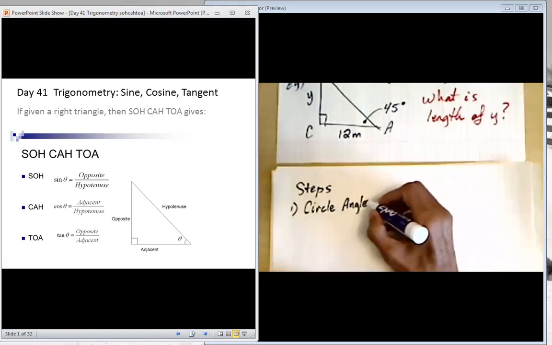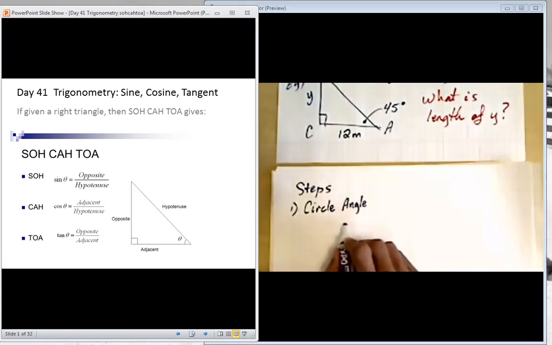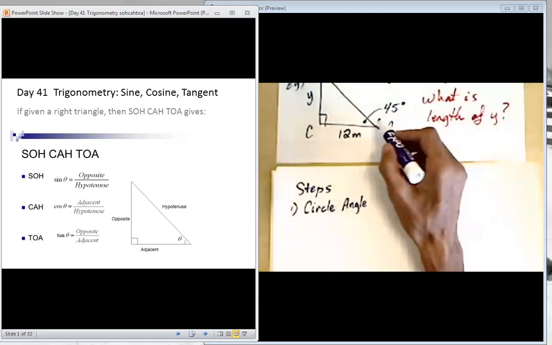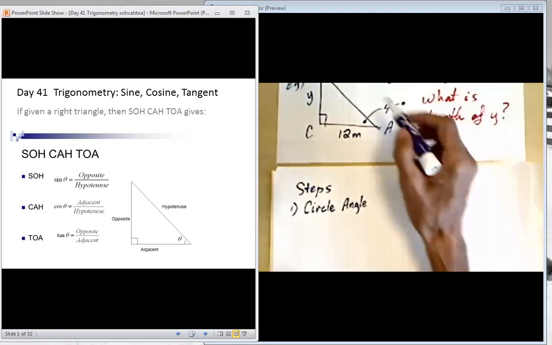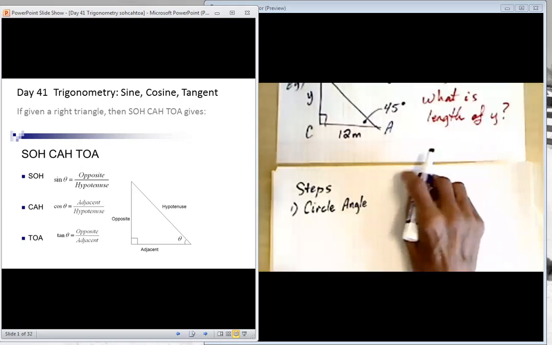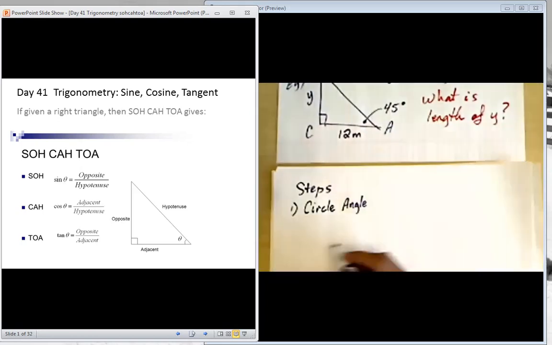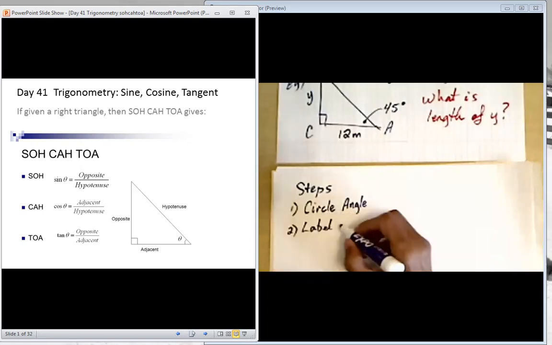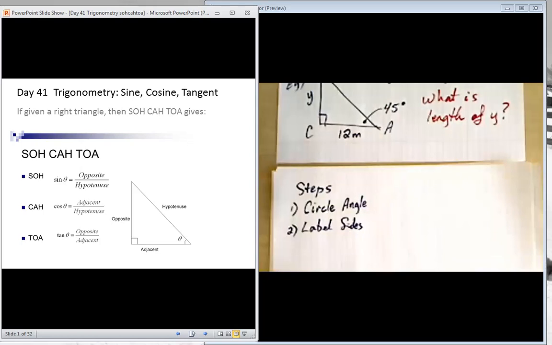And instead of them telling you, you're going to have to decide which one to use. It'll be obvious. We got a number for this one, we don't for that one, so that's the one we're going to use. Circle the angle. Two, label the sides. Does this seem familiar? Yeah, just like we did before, right?